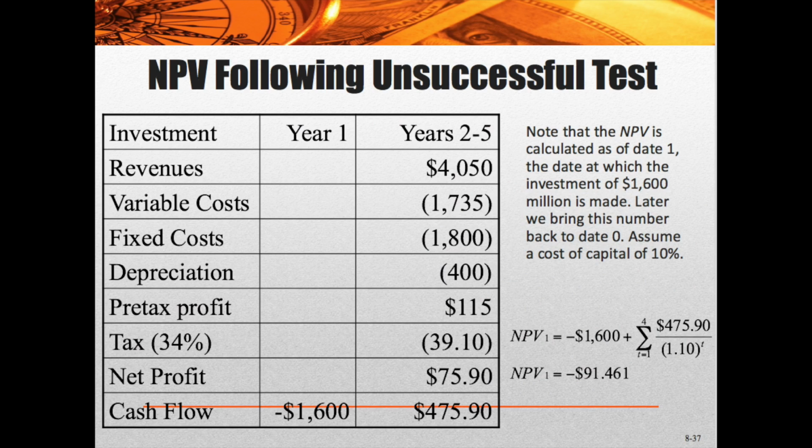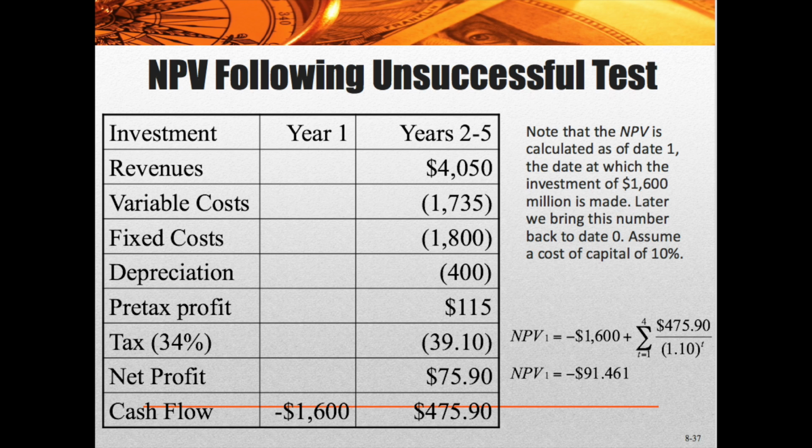So let's look at a few quick calculations to figure out where we're at here. The first one is investment year one, $1.6 billion. This is if the test is unsuccessful. They project that revenues will be $4 billion, variable costs will be 1.7, fixed costs 1.8, depreciation of $400, pre-tax profit of 115, tax of 34%, net profit of 75.90.